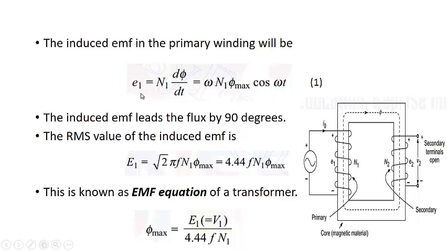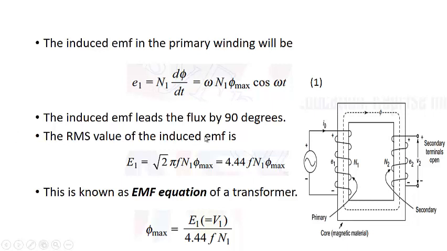You'll see that E1 leads phi by 90 degrees, because this is cos and phi is sine omega t. I can write it as omega N1 into phi max sine of omega t plus 90 degrees. You can see E1 is leading phi by 90 degrees.